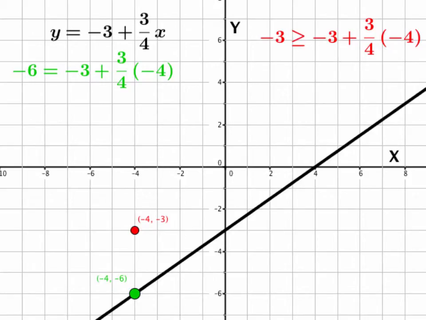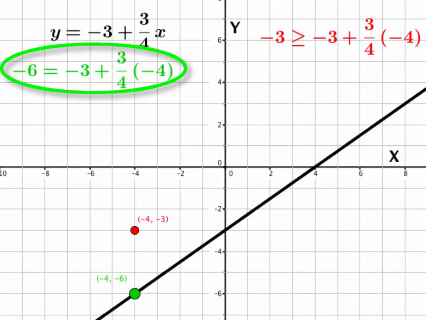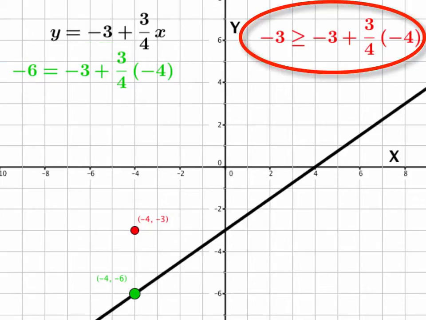But for any point above the boundary line, the y value will be greater than negative 3 plus 3/4 times the x value. For instance, consider these 2 points. The x coordinates are the same, they're both negative 4, and of course, in our point in green, negative 6 was exactly equal to negative 3 plus 3/4 the x value. So in our point in red, of course, negative 3 is going to be greater than that.